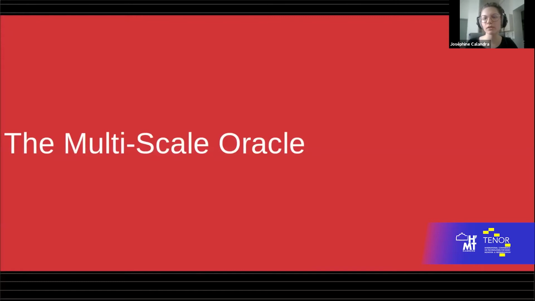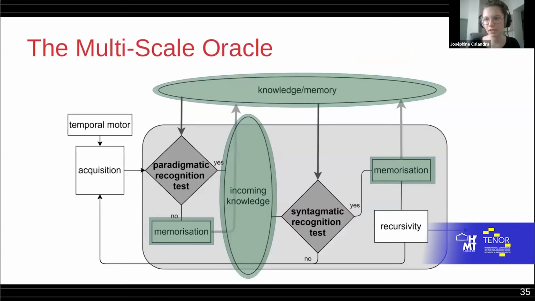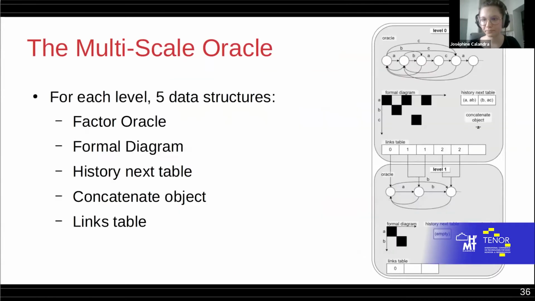So first we needed to implement a data structure that stores the information, and this data structure is a multi-scale oracle. This structure represents the memory of the algorithm, and it must store various objects and give optimized access to them. This structure must also represent the links between the objects of a given level with those of higher and lower levels.